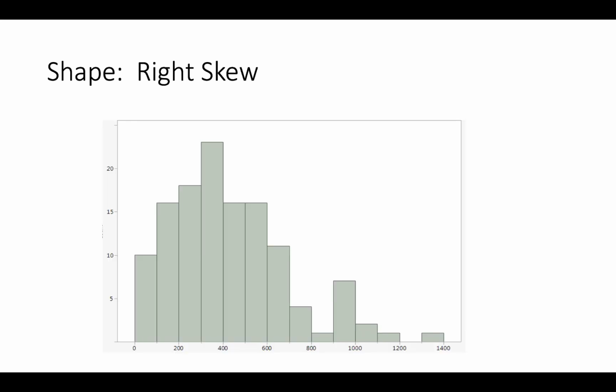Here we have a shape that's known as right-skewed data, where your data tends to veer off or tail off to the right. This is actually a histogram of Instagram followers for collegiate students. Many times you end up with skewed data if one of your bounds is limited. Like in this case, you can't have an Instagram account with negative followers, so you have a bound at 0.